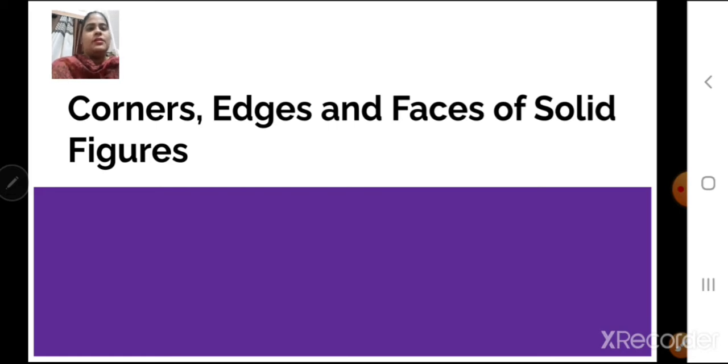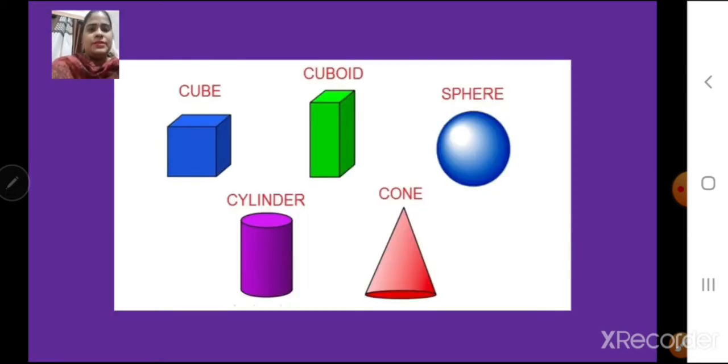Now, look at these examples: cube, cuboid, sphere, cylinder, cone. Correct. So you can represent these pictures as a 2D image. Like for example, children, you know a square, correct?